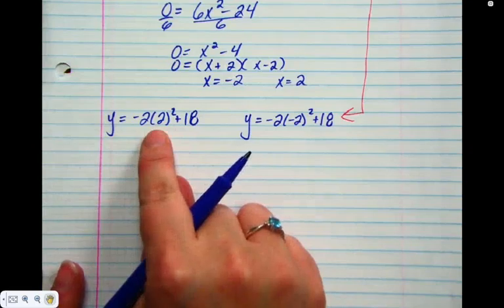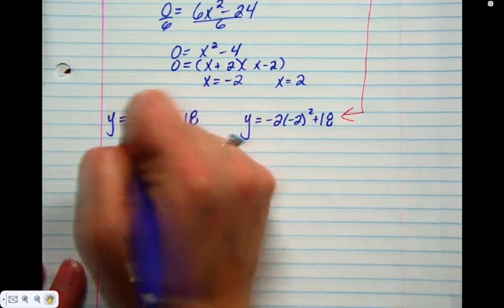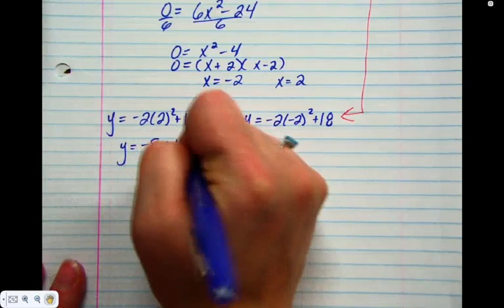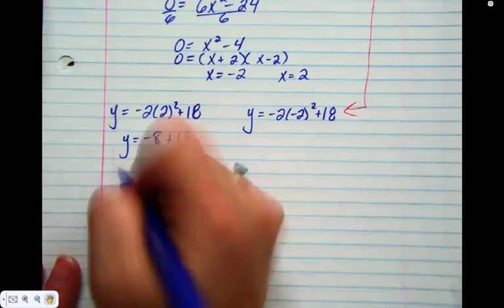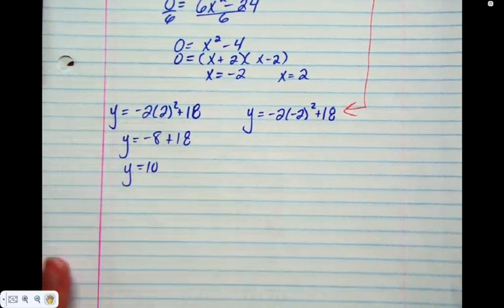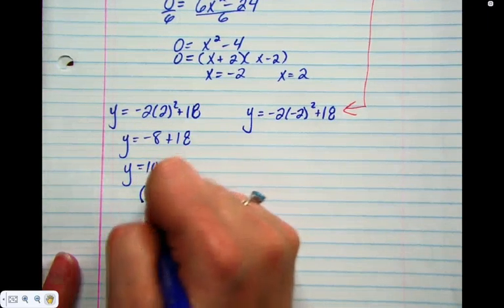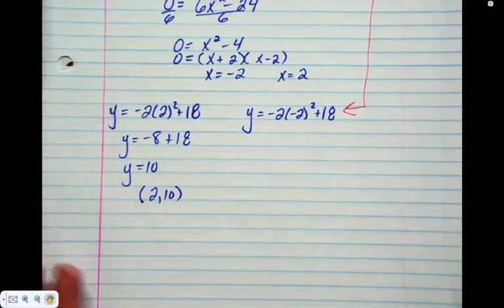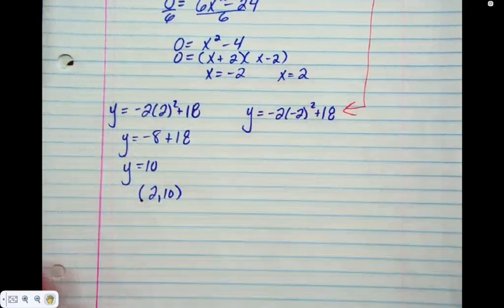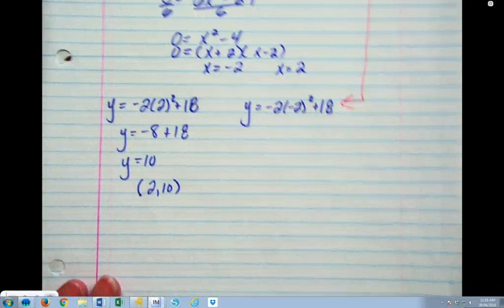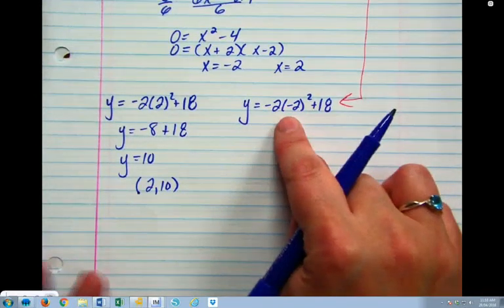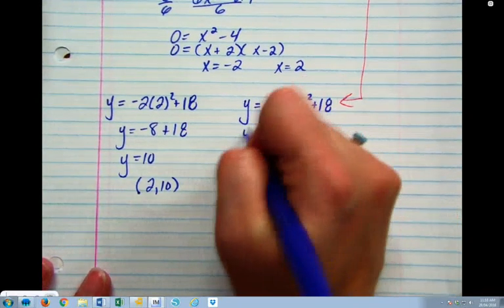2 squared times negative 2. What's the coordinate point? Yeah, I don't know why I switched them. Negative 2 squared times negative 2.